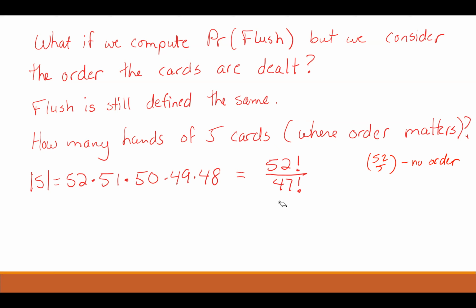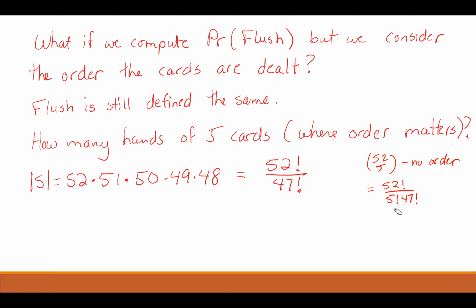So we have a slightly different number. In fact, these are different by a factor of 1 over 5 factorial. If I write out 52 choose 5, it is 52 factorial over 5 factorial times 47 factorial. So they're very close, off by a factor of 5 factorial.